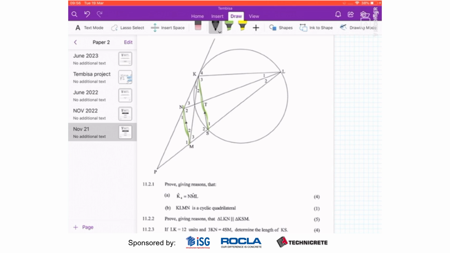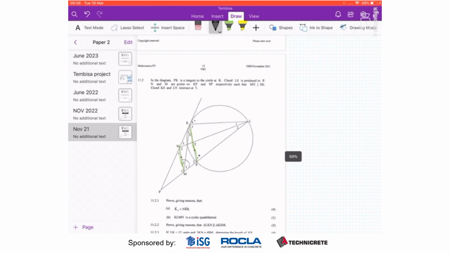Here's my K4. Looking at what I have here, I have this circle, and that's a tangent. So the tan-chord theorem is going to make K4 equal to S1. Then I can use the parallel lines to give me corresponding angles, and it's also equal to that. And that is NML.